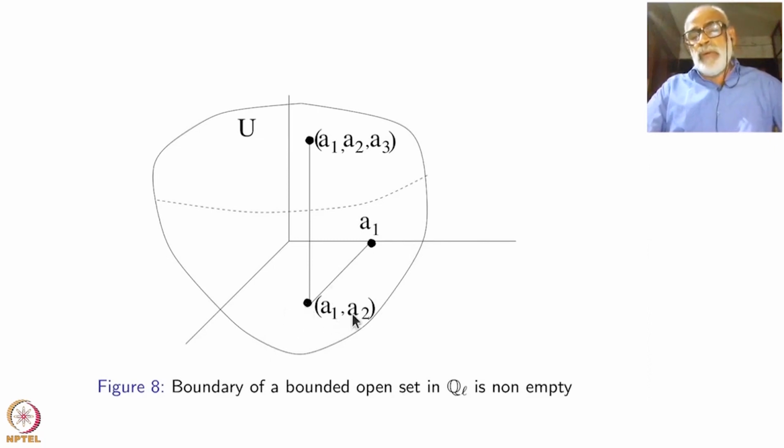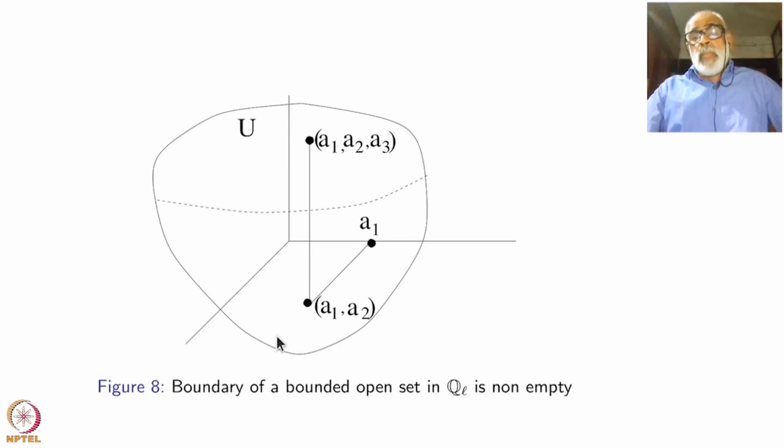So the distance between (a1, a2) and the complement of U is less than 1 by 2. How do I do that? This is an open subset, so I keep moving inside this arrow. The entire arrow may not be there, but there will be some point as close as I keep moving.